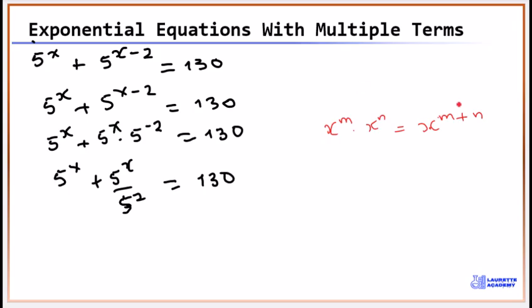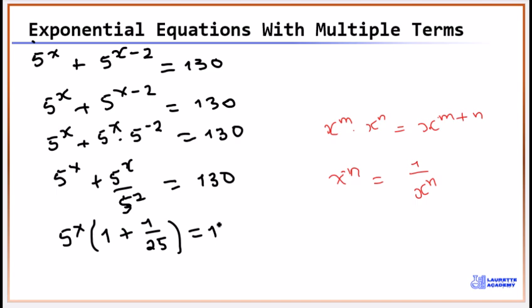Again, we're using the rule that says x to the power minus n is the same as 1 over x to the power n. We're going to factor out 5 to the power x. So I have 5 to the power x times 1 plus 1 over 5 squared, which is 25.